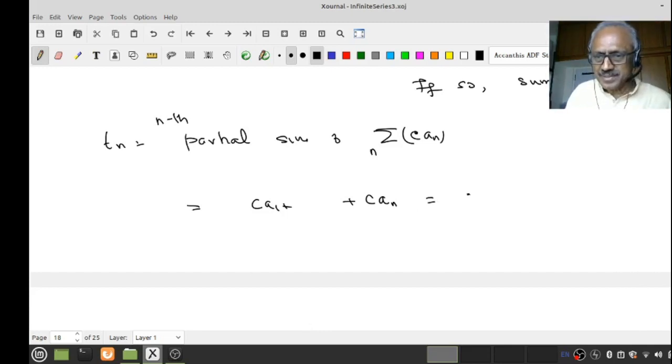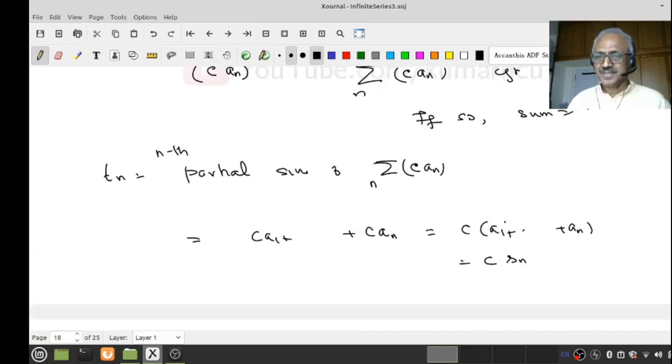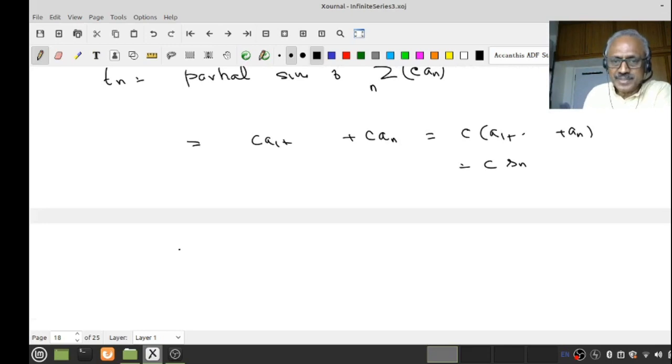Therefore this is nothing other than c times a1 plus up to an. But this is c times Sn. You follow that? This is where the finite thing comes, the algebra comes, where commutativity, associativity, distributive law, everything I can do at that finite stage. Therefore my Tn is c Sn.